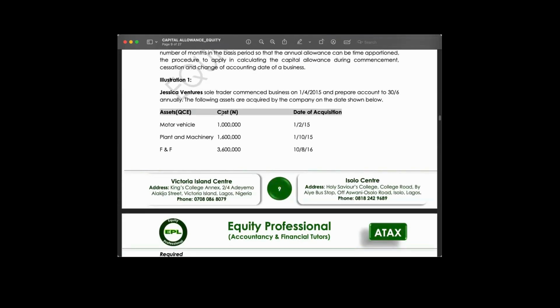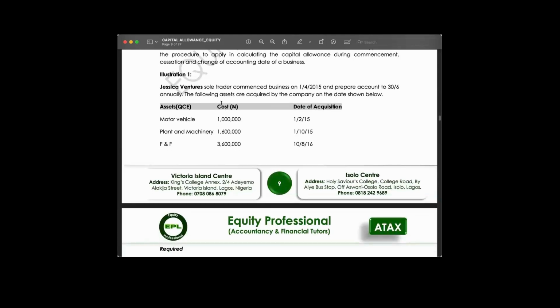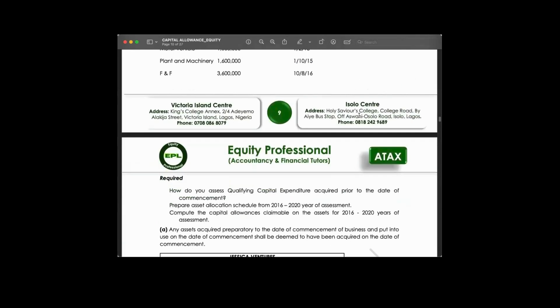The following assets are acquired by the company on the dates shown below. Don't forget, this company commenced on this date, and this is the accounting year of the company. We are given the assets.